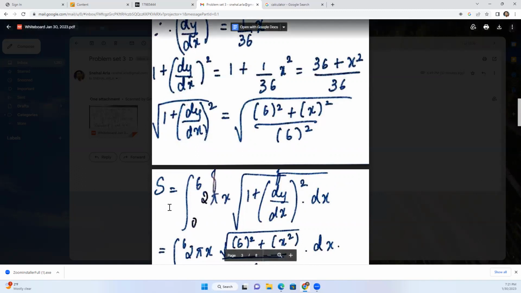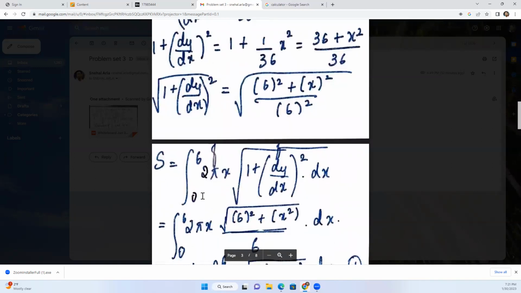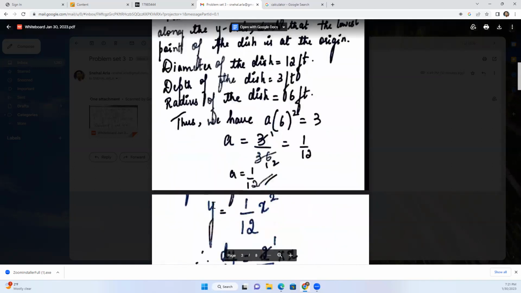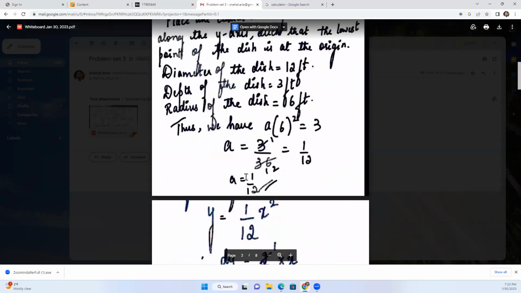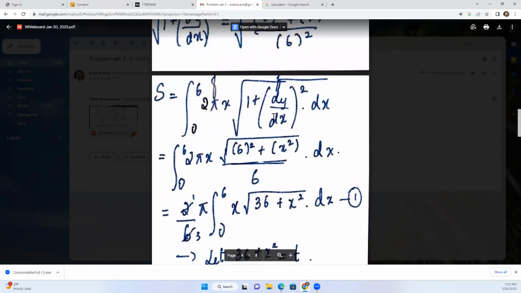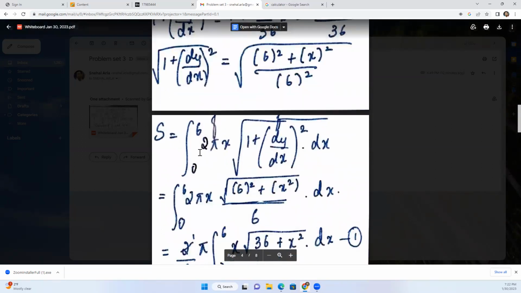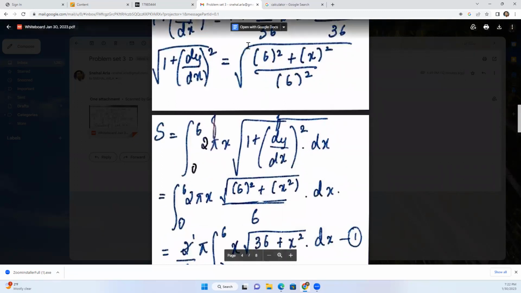Now we're trying to find the surface area. This is our range, 0 to 6, where 6 is the radius and it starts at 0. Plugging into the formula, 2 pi x times the square root of 1 plus (dy/dx) squared dx, we plug in the value we found.